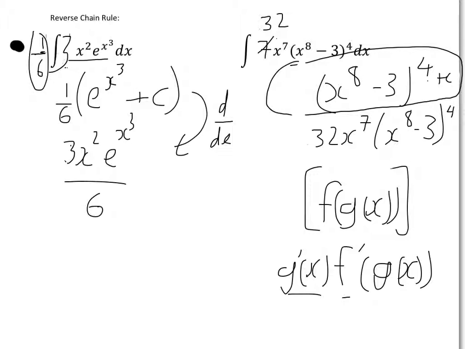Well, I need to divide by 32 and times by 7 on the outside, because 32 divided by 32 would give me 1, and I'd still have that 7 there. I've just introduced this 32. And so now I've got 7 32ths in front of it, and those would cancel, and I'd end up getting what I want.